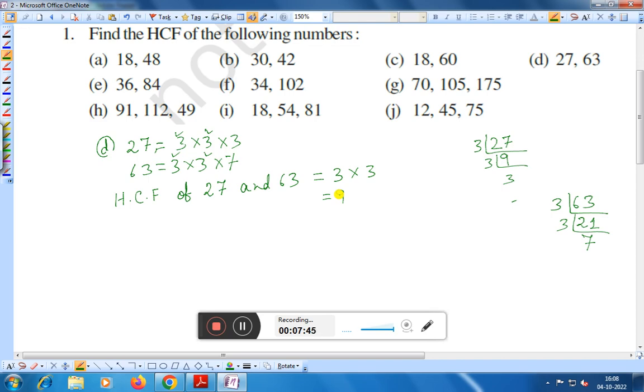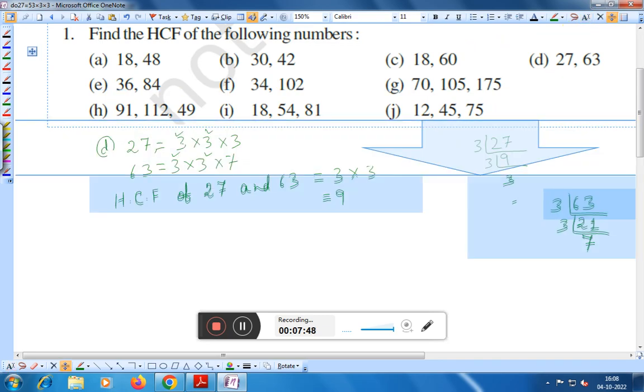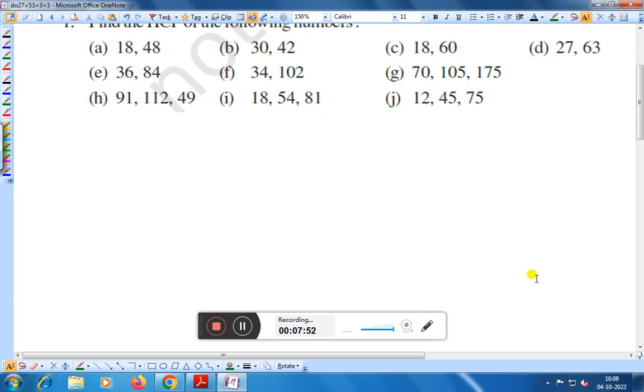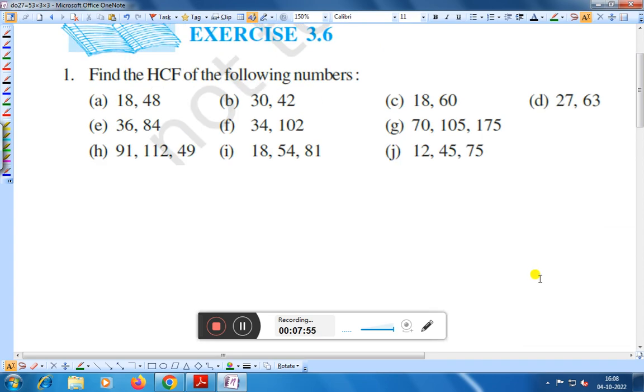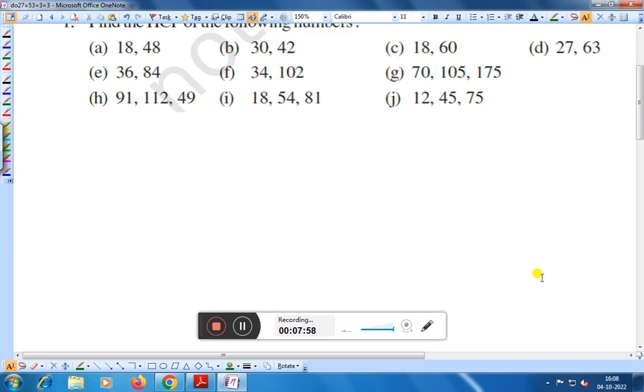Next, we'll do question number E. Question number E is 36 and 84. 36 we will divide by 2: 2 times 18 is 36, and divided again by 2: 2 times 9 is 18, and 3 times 3 is 9.